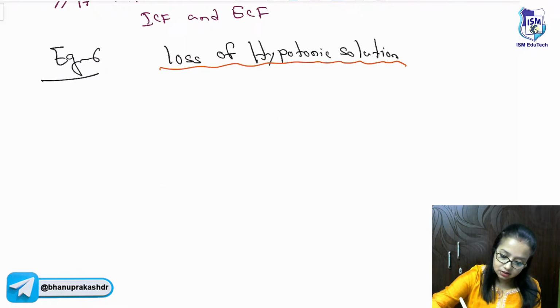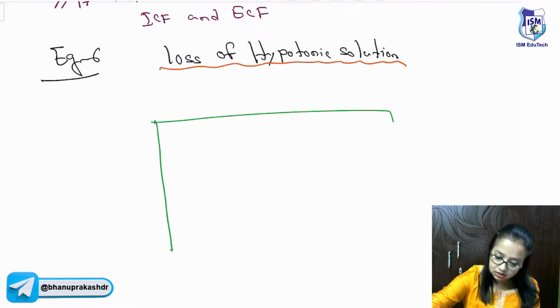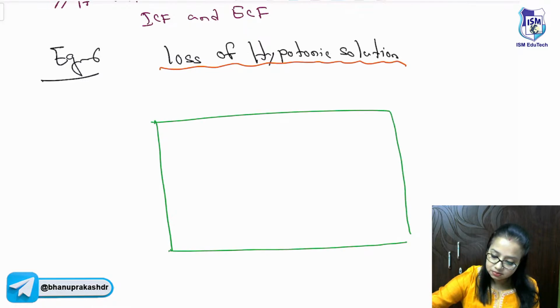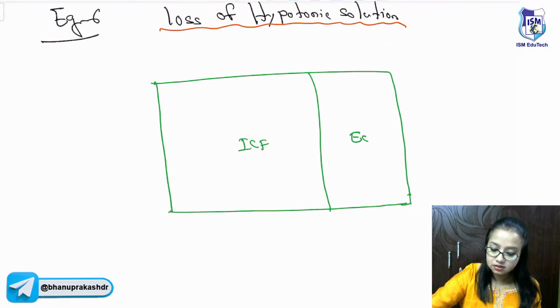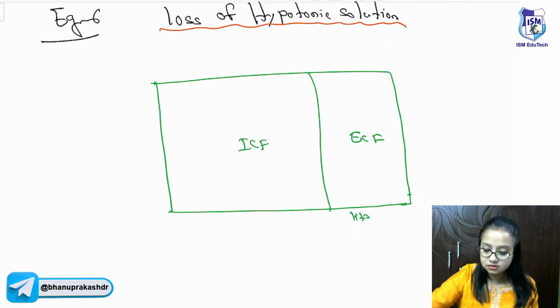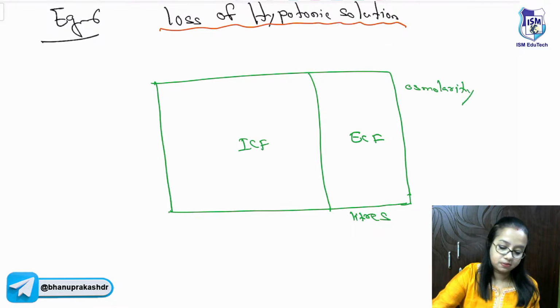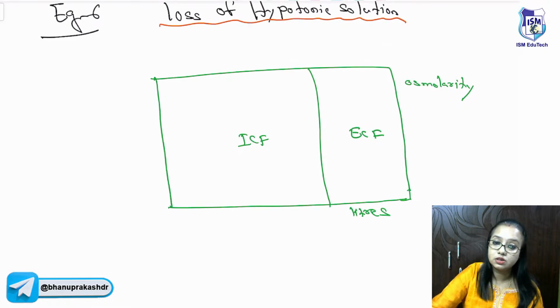So, in the Darrow-Gamblegram diagram, it will be ICF, ECF, this is liters, and this is osmolarity. So, loss of hypotonic solution. Loss of hypotonic means there will be loss of water from both the ECF and ICF.